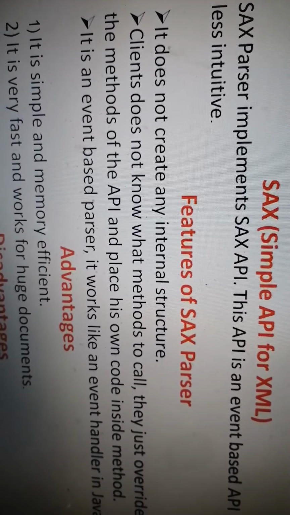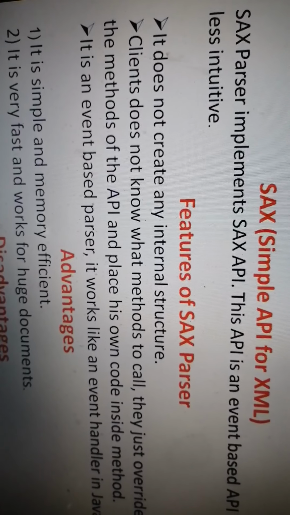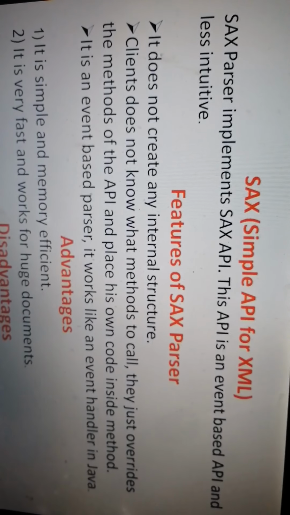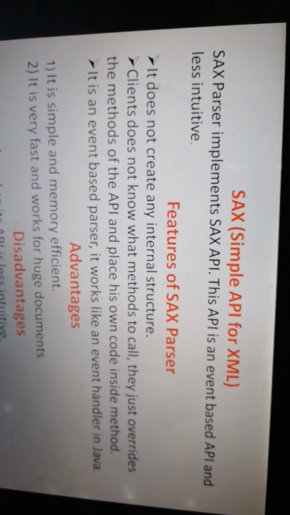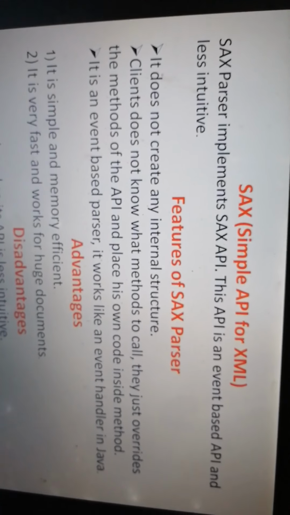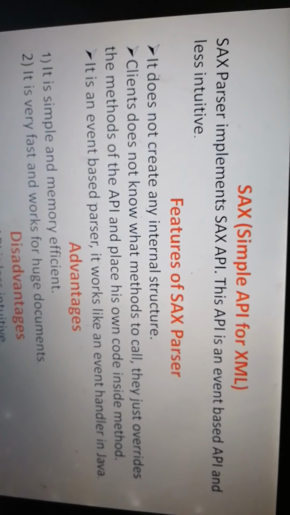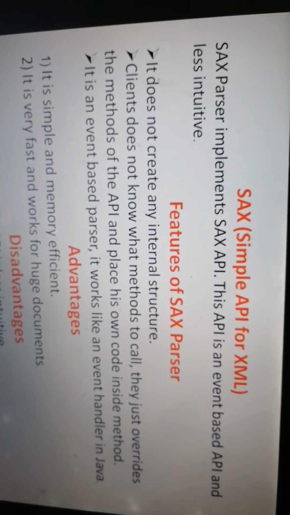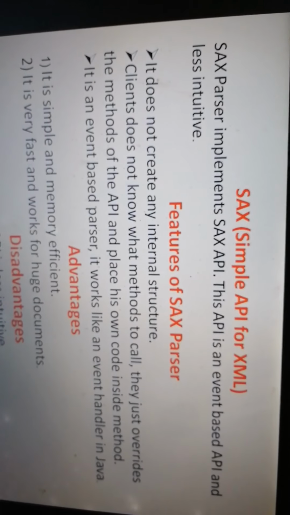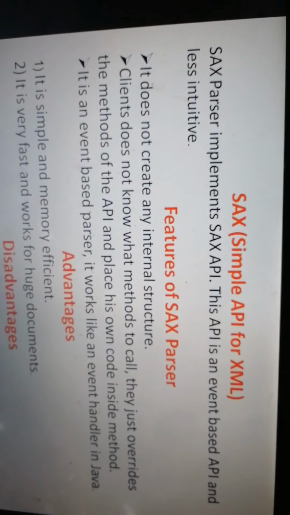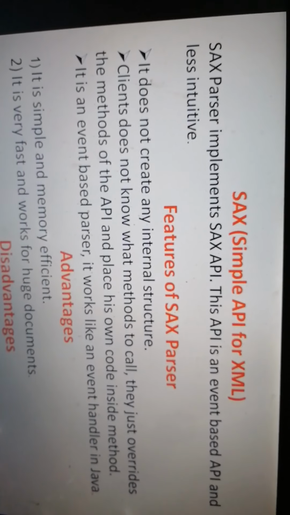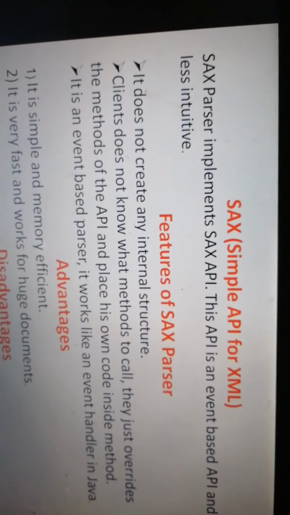Whenever we need to access the XML document with any programming environment, we need some methods to access it. When we use the DOM parser, DOM will be installed into our system. It needs a separate space.